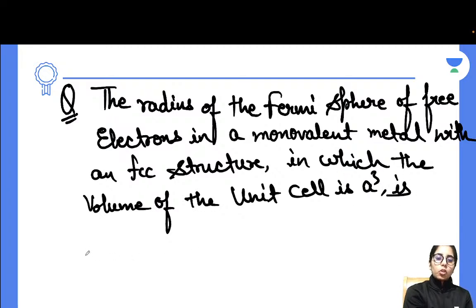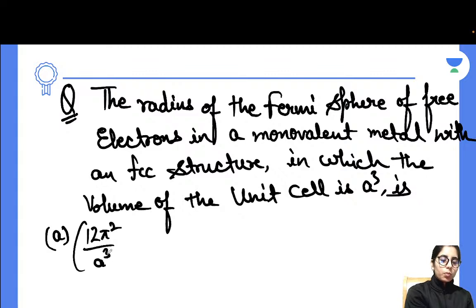Now the options they have given are 12 pi square upon A cube to the power 1 by 3.